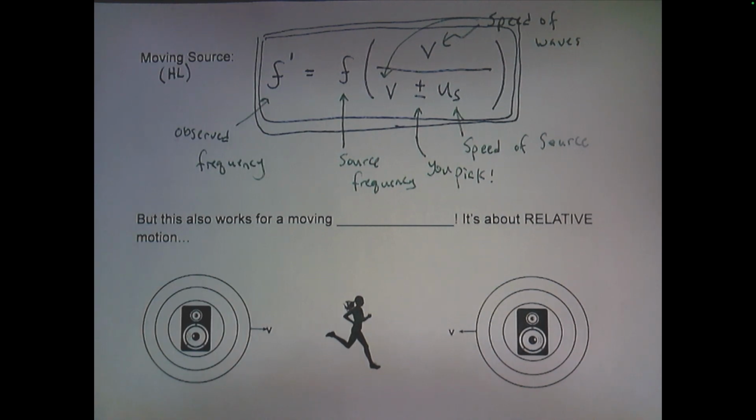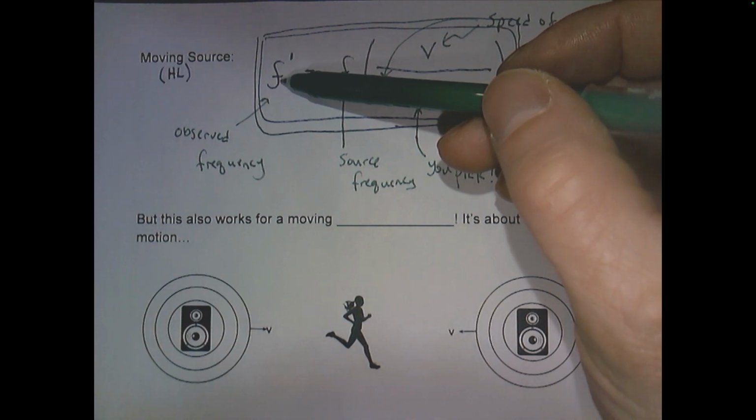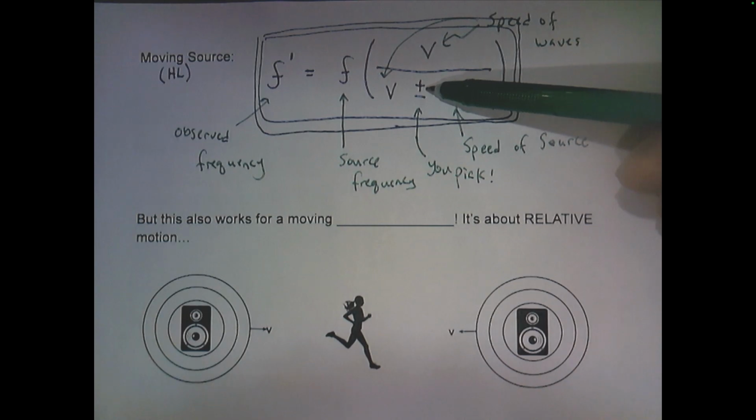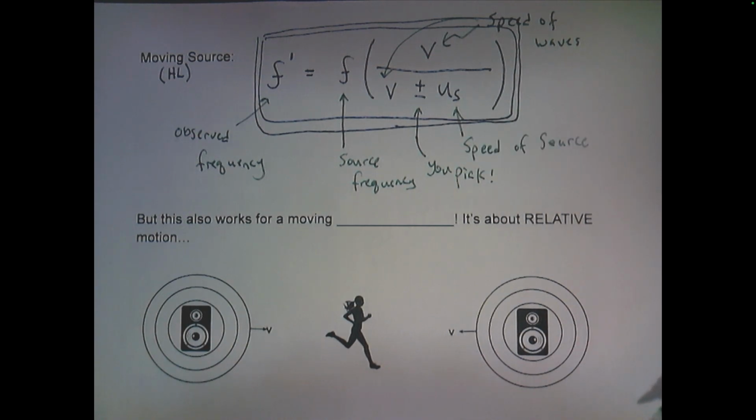So, and this is something both HL and SL should be able to do, is recognize when a source is moving away from you means lower frequency and moving toward you means higher. Okay? So let's say we're doing a problem and something's moving away from us, then that means that f prime needs to be something that's smaller than f. Okay? So then that means that this needs to be a plus in the denominator so that it has a big denominator, which makes, once I multiply by f, I get something smaller than what I started with. Okay? Whereas the minus would correspond to moving towards me.